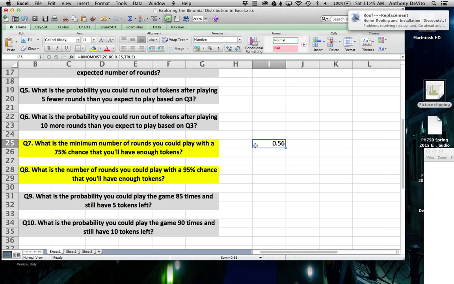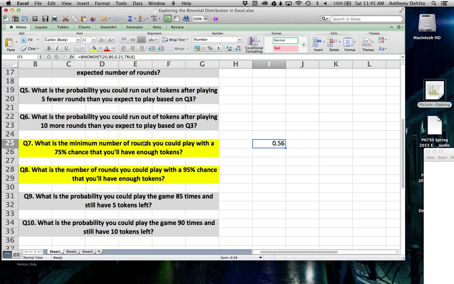So now I'm going to say to myself, well, gee, let's say that 56% of the time I'll have enough tokens to get to 80. Not always, but that amount of time. Now I want to find how many times I can play that I'll have a 75% chance of not losing my coins until I get to that point. So I'm going to do the same thing here.